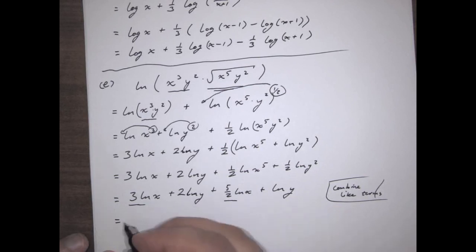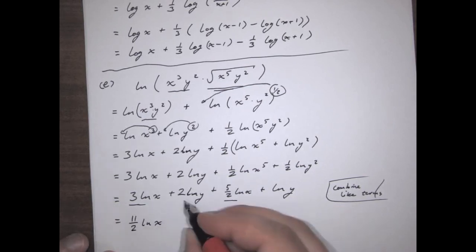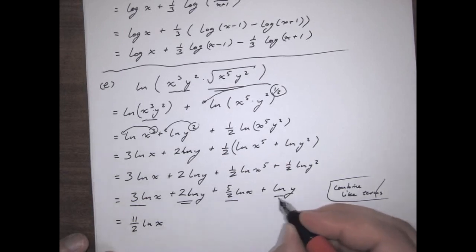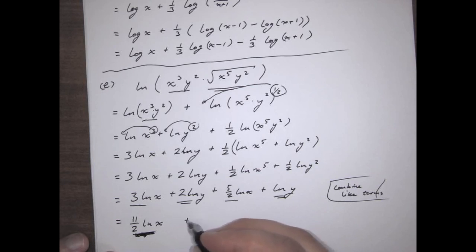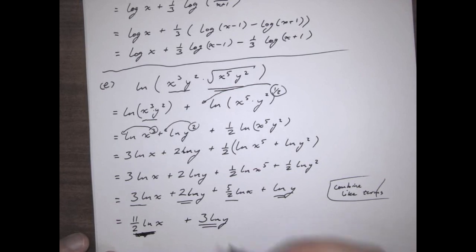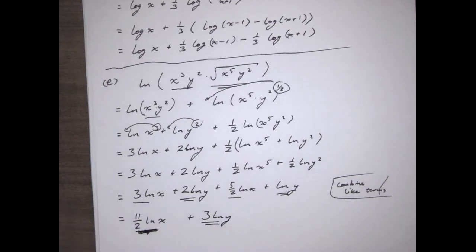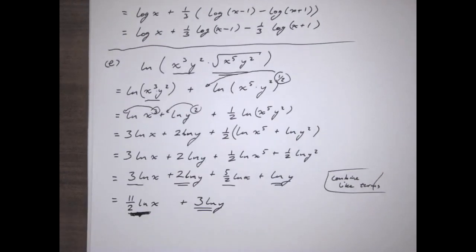So that's going to be a total of 11/2 ln x combined, so that's going to be 11/2 ln x. And then combining the other two, that's going to be 3 ln y. So we can combine like terms in an expression like this.